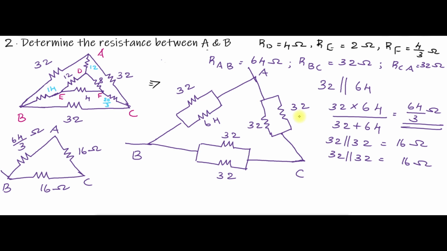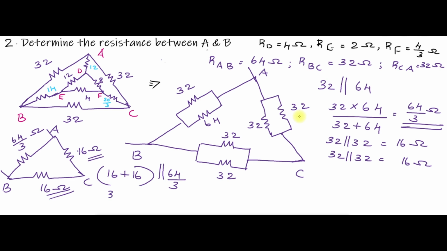So you have to get the resistance between the 2 points A and B. Here you can see this 16 ohm is in series with this 16 ohm, which is in parallel with this 64 by 3. So you can take 16 plus 16 parallel with the 64 by 3.